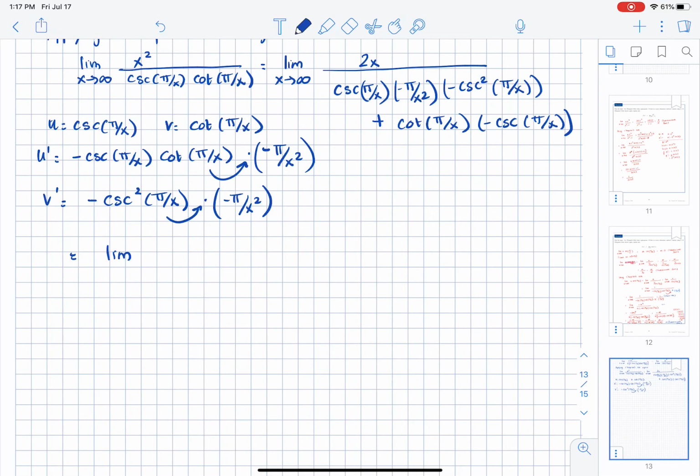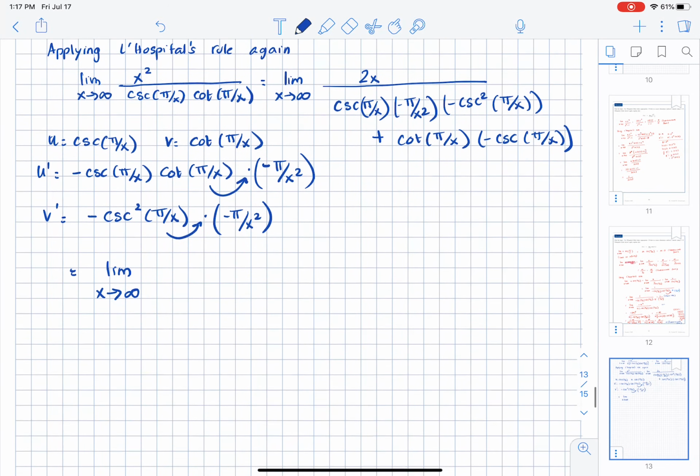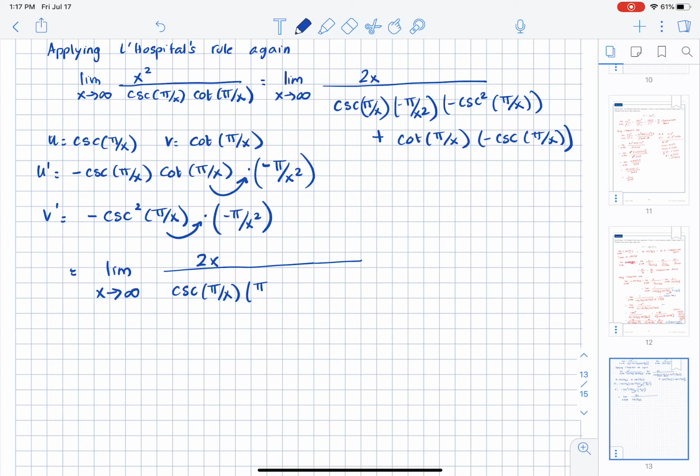So the limit as x approaches infinity, 2x. We have a cosecant pi over x in common. We have pi over x squared in common. So if we pull that out, we have cosecant squared pi over x plus cotangent pi over x.